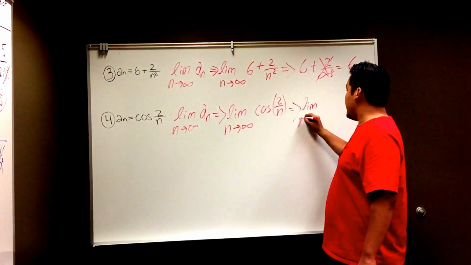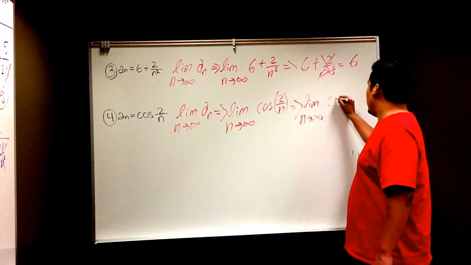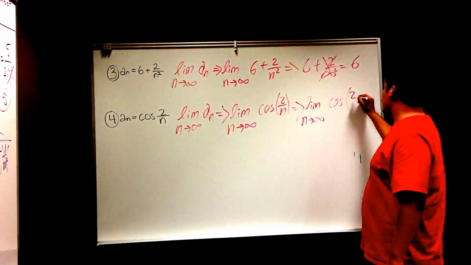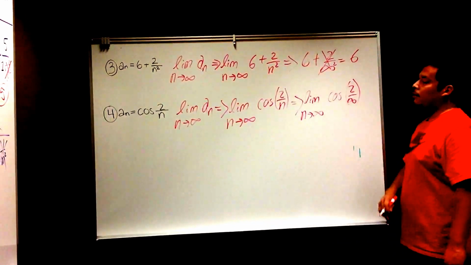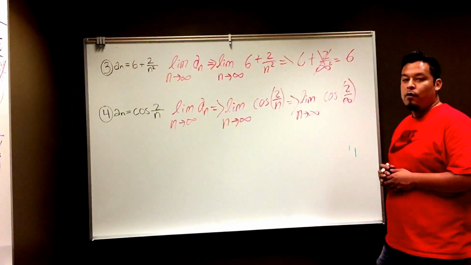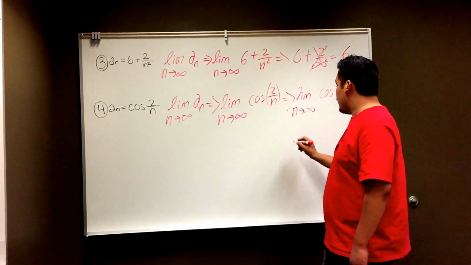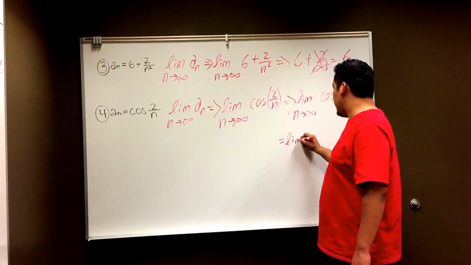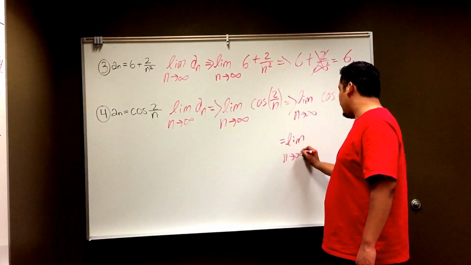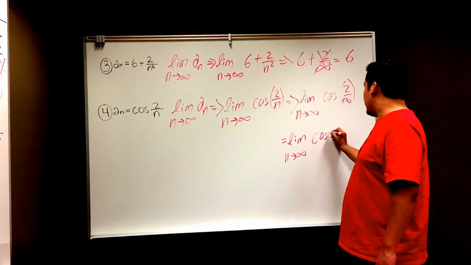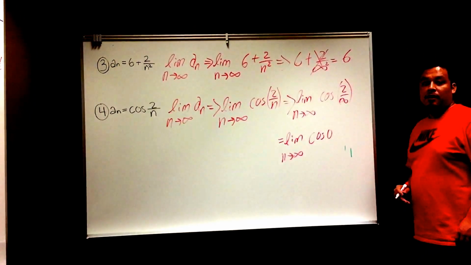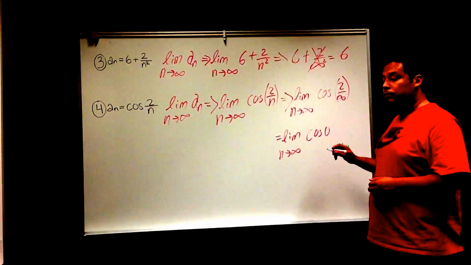So the limit as n goes to infinity of cos, and here's where we plug in 2 over infinity. We know that 2 over infinity is 0. So we have the limit of cosine 0, and cosine 0 is equal to 1.